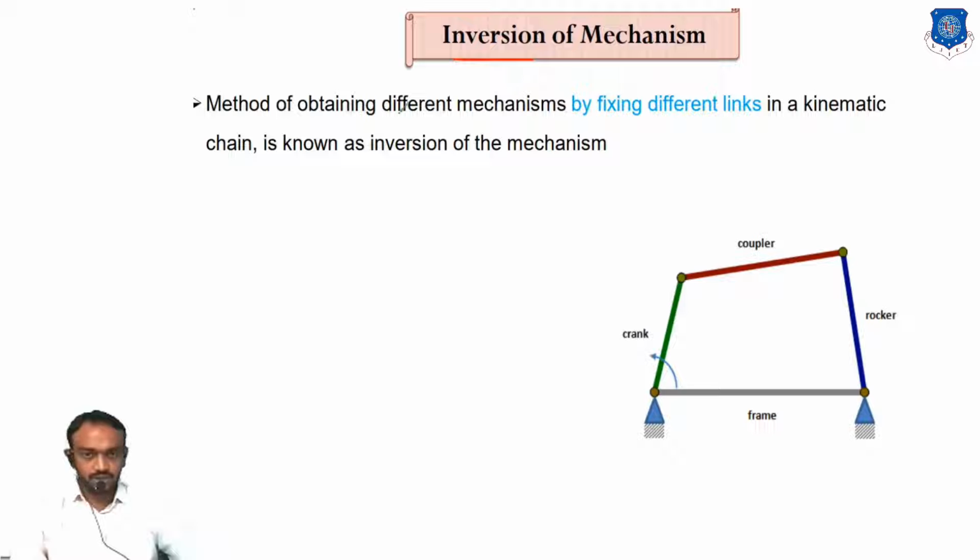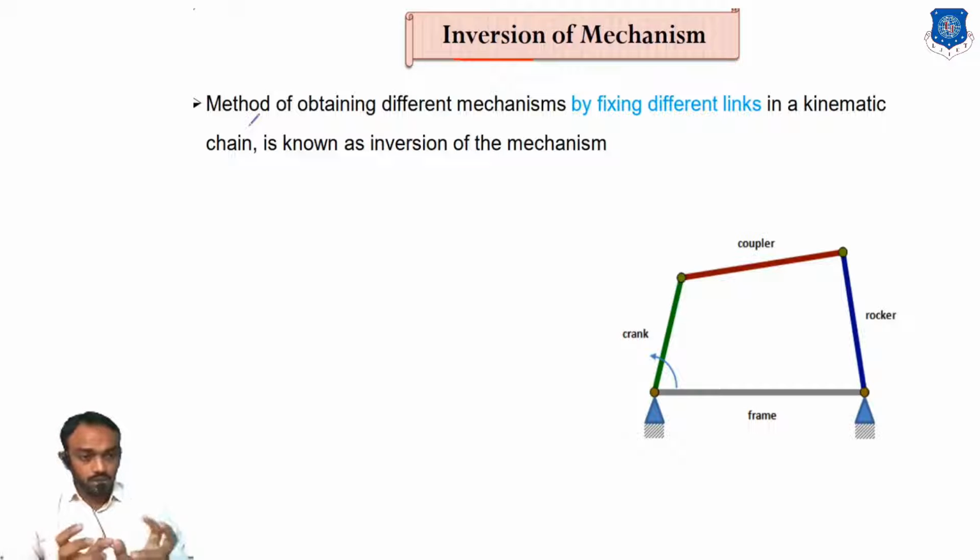The definition is: this method of obtaining different mechanisms by fixing different links in a kinematic chain is known as the inversion of mechanism. In simple language, you can see on the screen there is a 4-bar chain mechanism. 4 links are there: one is a frame, second is crank, coupler, and rocker.